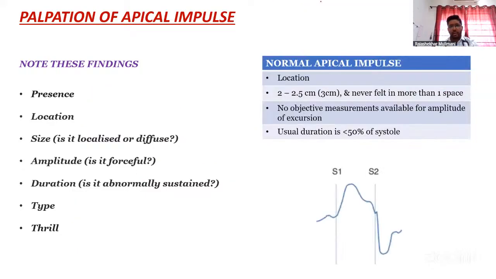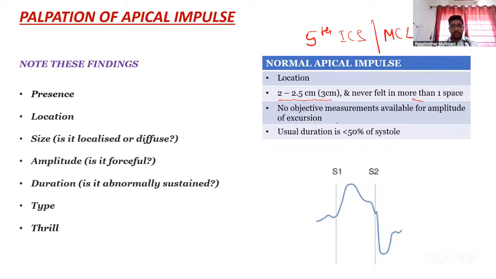So the normal apical impulse is situated in the fifth intercostal space, just medial to the midclavicular line. It is usually 2 to 2.5 centimeters in width, never felt in more than one space.